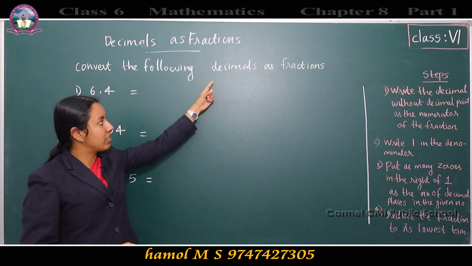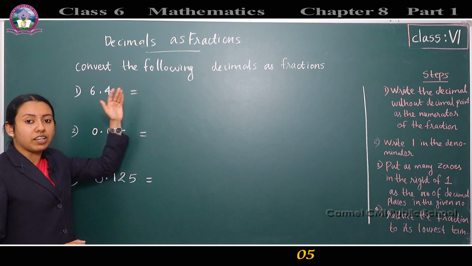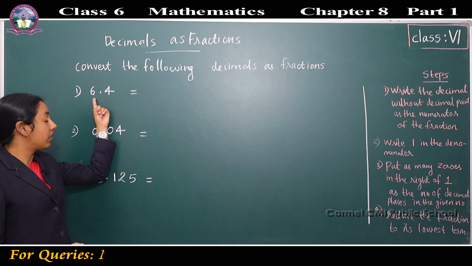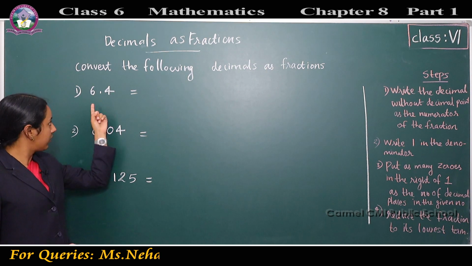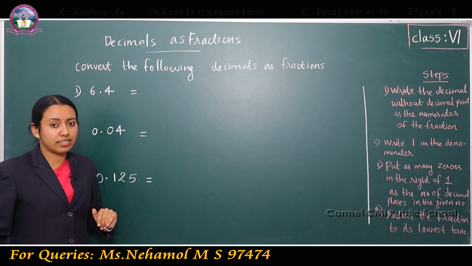Convert the following decimals to fractions. Decimal numbers are given here, and we have to convert them to corresponding fractions. First one, 6.4. We can follow the second method. What is the step?